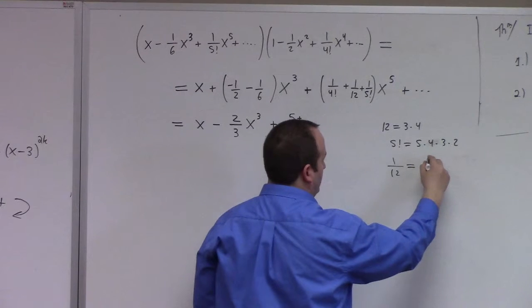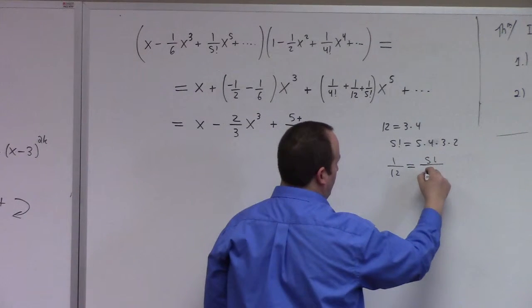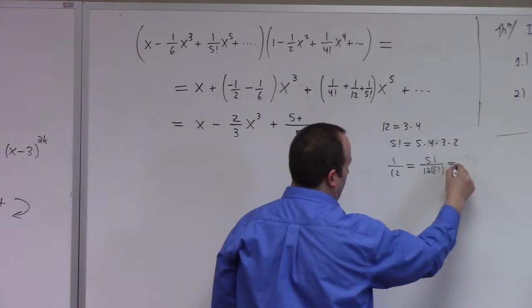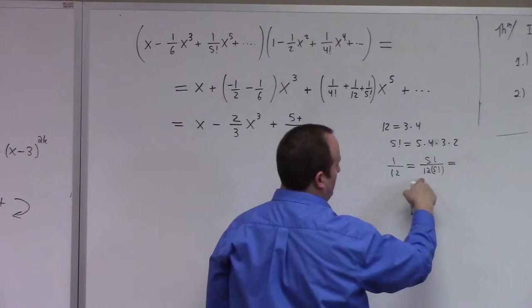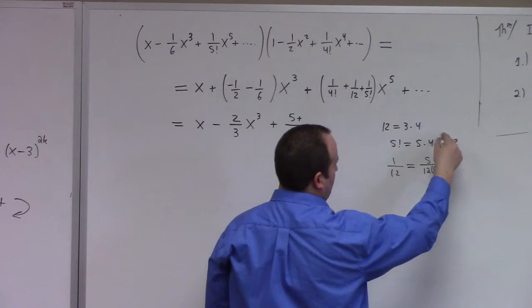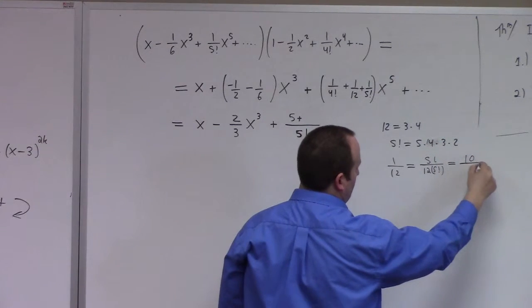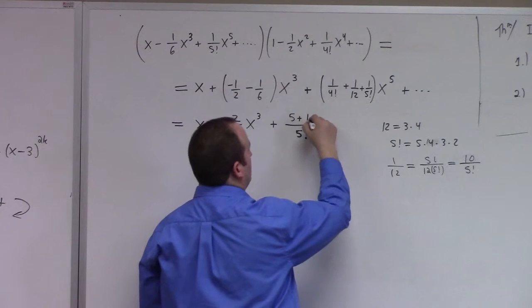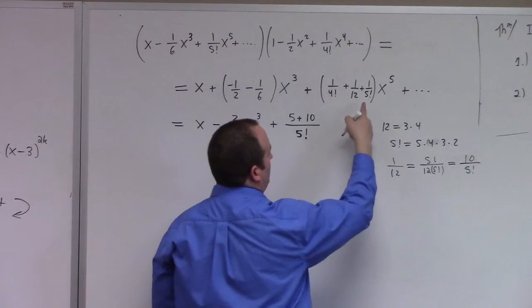is equal to 5 factorial divided by 12 times 5 factorial, which is what? These guys are canceling with it. So it gives me 10, right? Is that right? And then plus what?